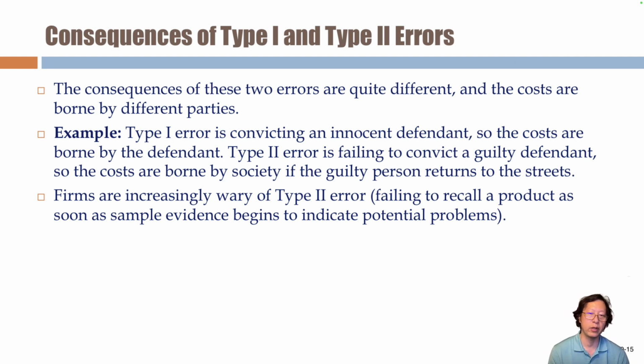This is type 1 and type 2 error, the same as false positive and false negative. But these two different errors have two different consequences, right? So depending on the situation, in some cases type 1 error is more serious, and in some cases type 2 error is more serious.